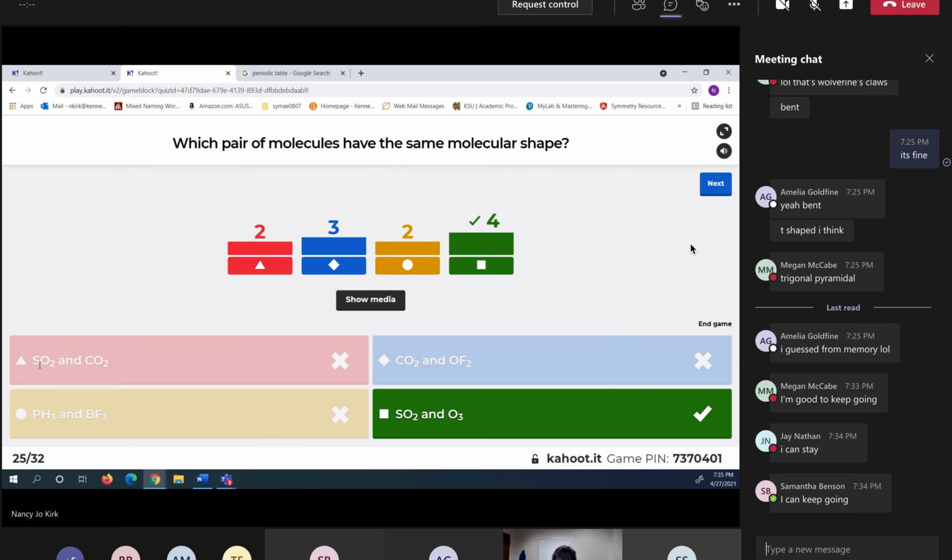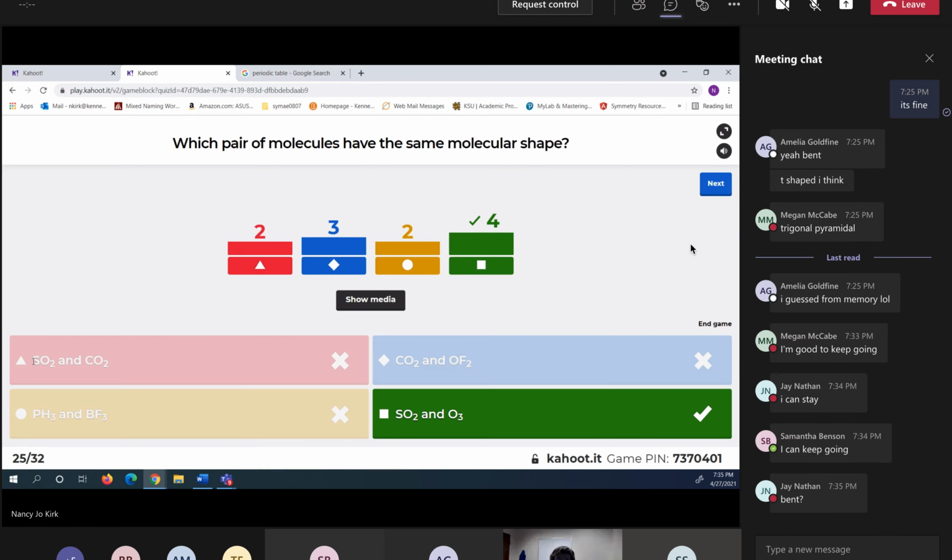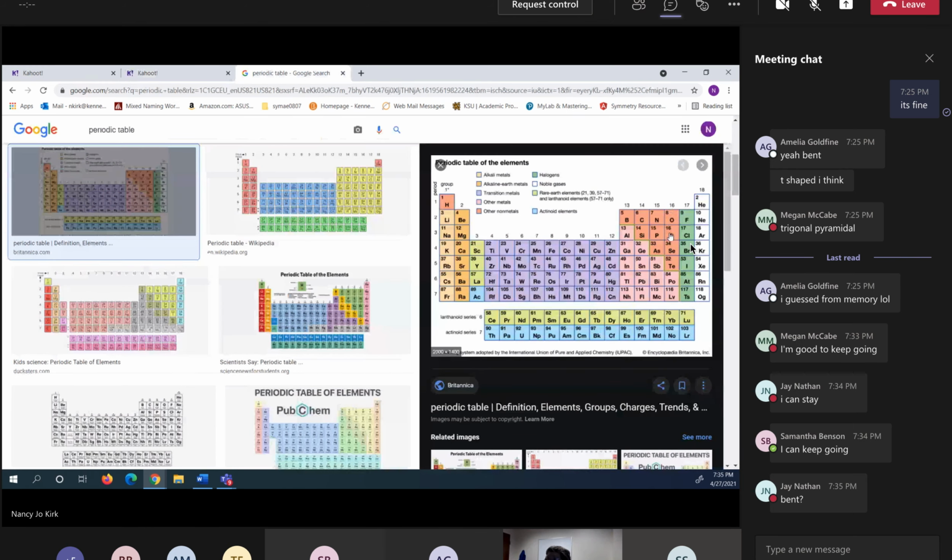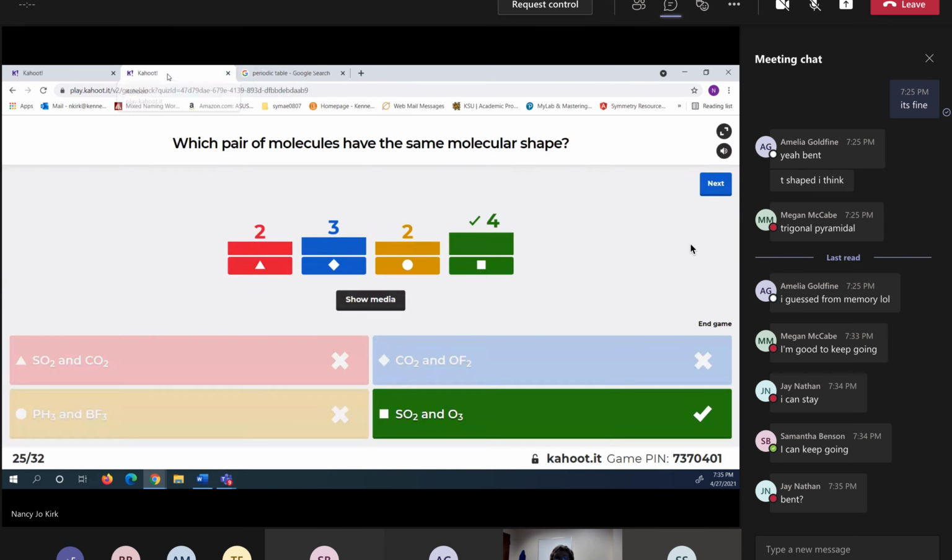Bent, exactly right, Jay. Because sulfur is right under oxygen in the periodic table, you can expect it to have a similar shape. So SO2 is probably bent, but we should hopefully remember CO2 is linear.